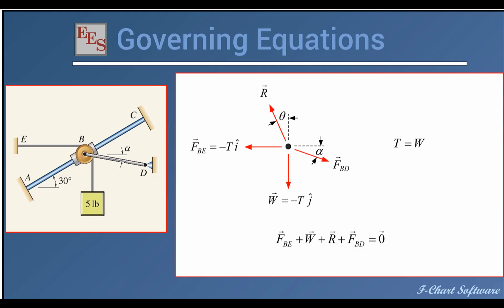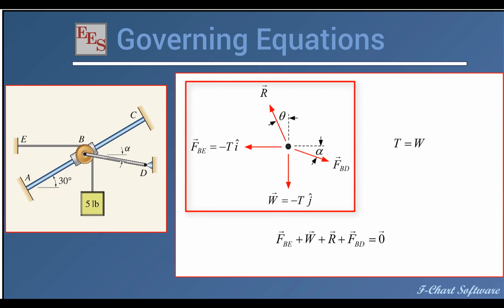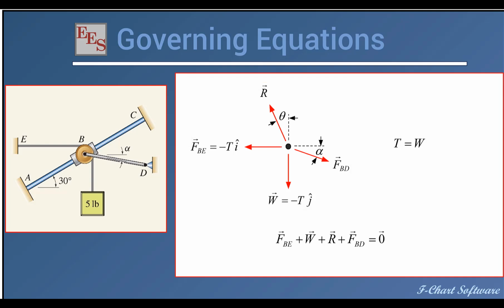So it's also interesting to solve this using vector variables rather than scalar variables, and that's instructive. So this is the free body diagram, but I have now each of these vectors, right? So there's force BE, which is the force from the cable pulling it to the left. There's W, which is the vector force pulling it down.